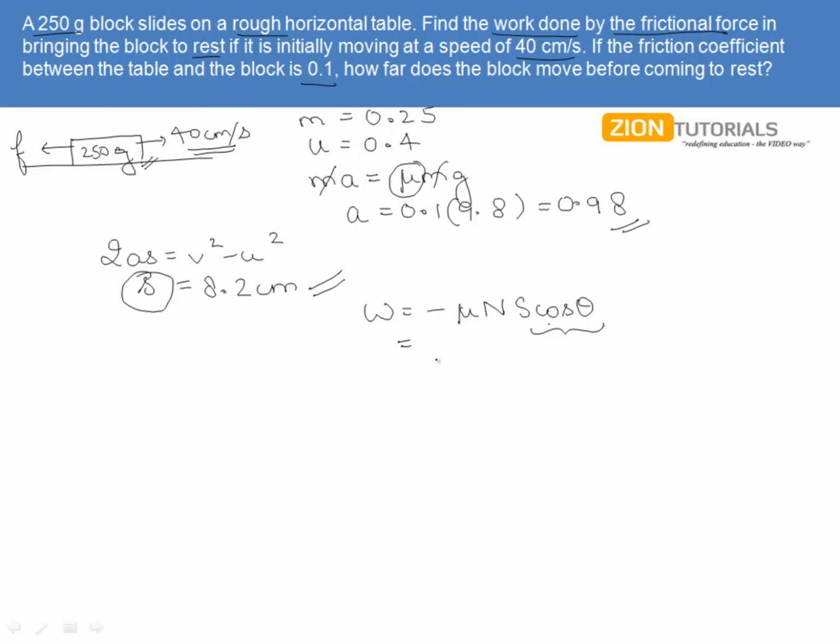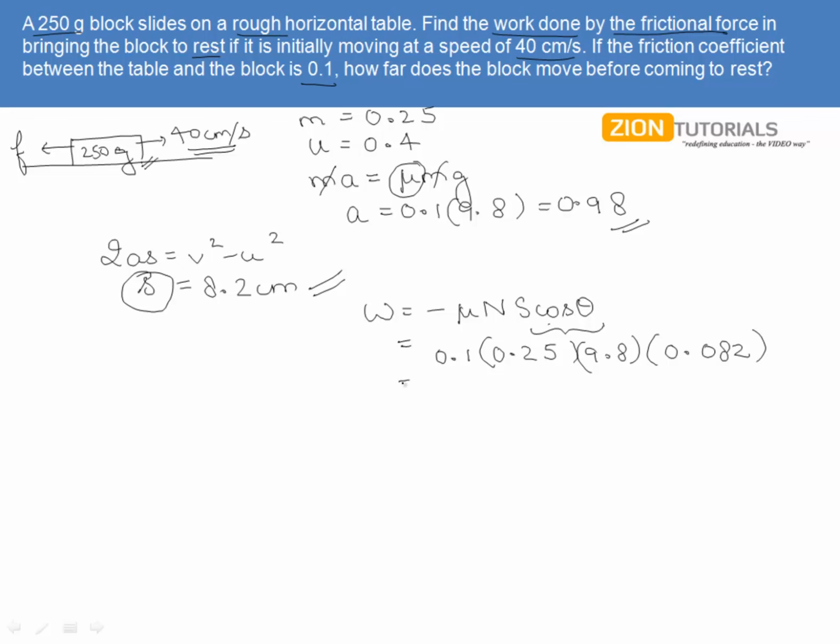So we are getting that work done equals mu, which is 0.1, times the normal reaction, which is actually the mass, that is 0.25, times g, which is 9.8, times the displacement s, that is 8.2 centimeters or 0.082 meters.